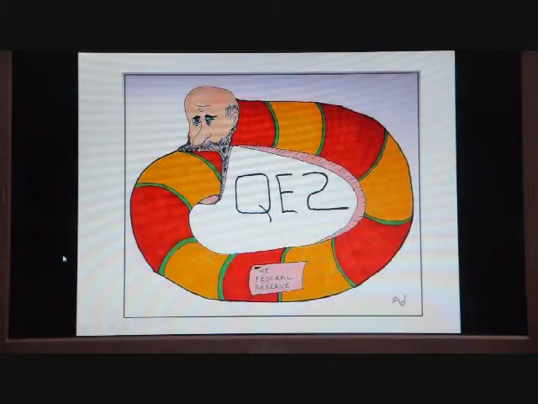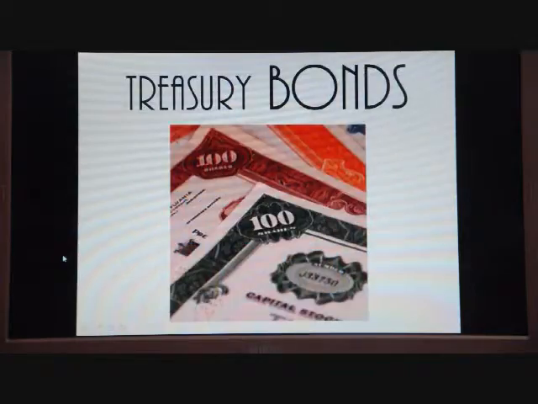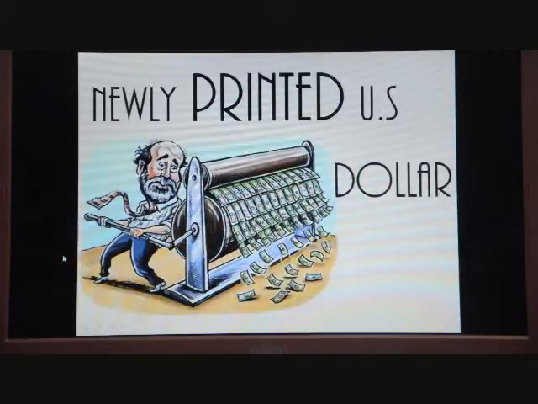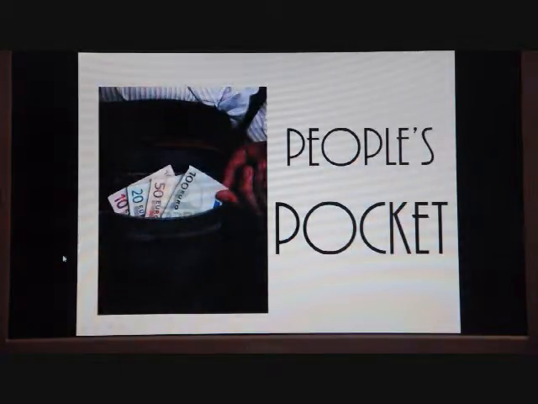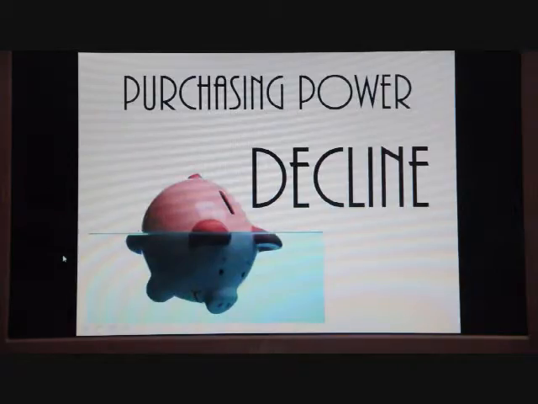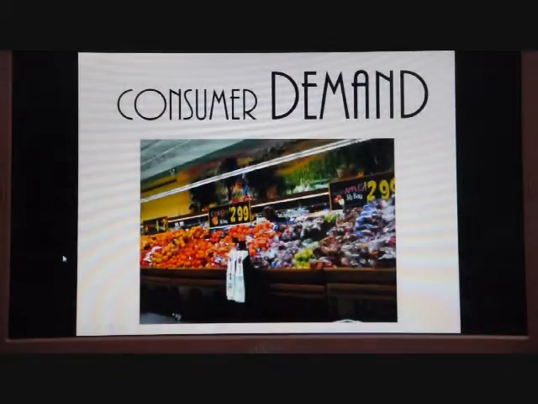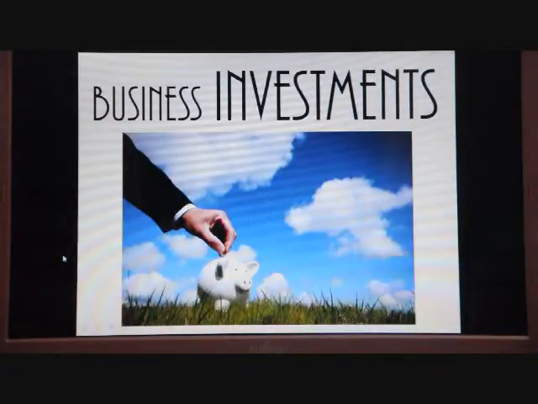QE2 involved the purchase of an additional US $600 billion of treasury bonds with newly printed US dollars. With this done, it is believed that more money would go into people's pockets, boosting their purchasing power for goods and services, and hence stimulating higher consumer demand and business investments, thereby creating jobs to solve her woes.